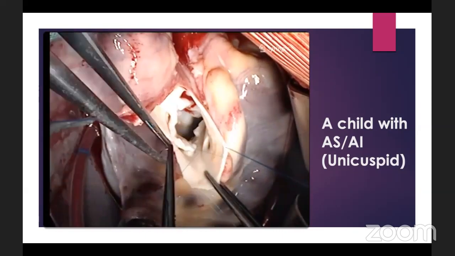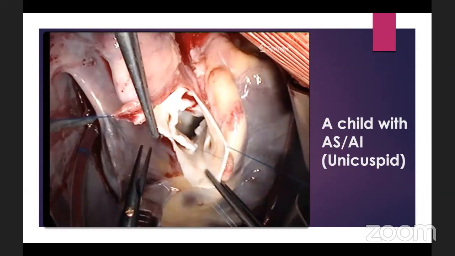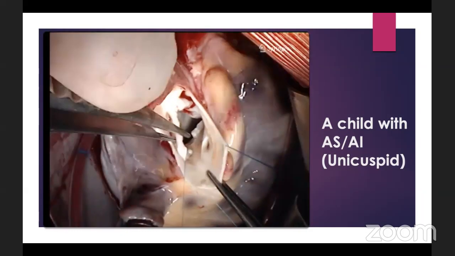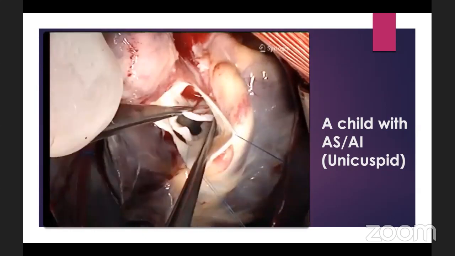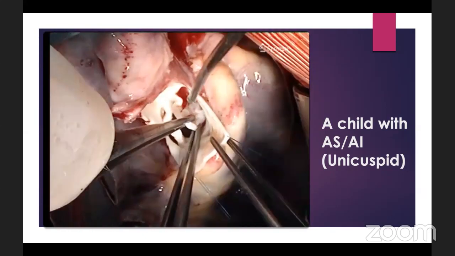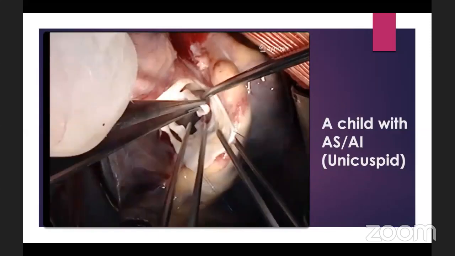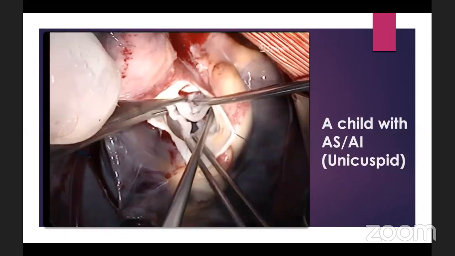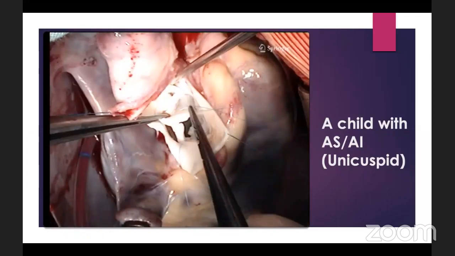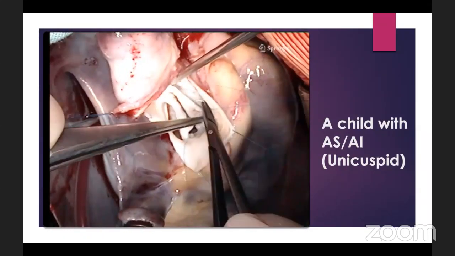You can tricuspidize a bicuspid valve, or you can tricuspidize a quadricuspid valve, but I think you get the idea here. So he's trying to turn a bicuspid or unicuspid valve into a tri-leaflet or a tricuspid valve. Same thing here, creating the new commissure between the left and right.